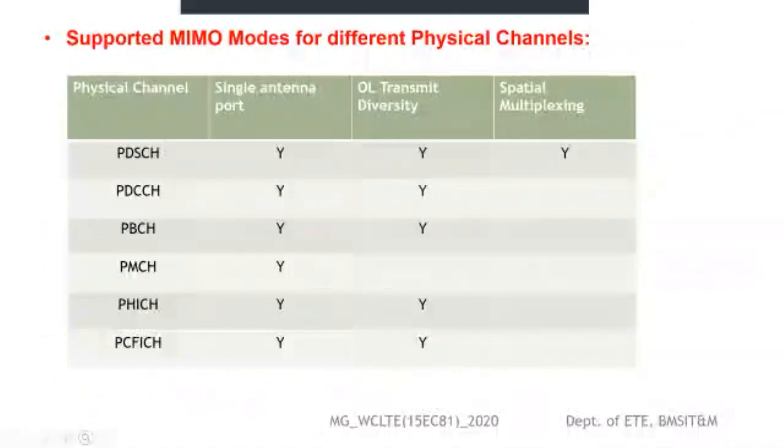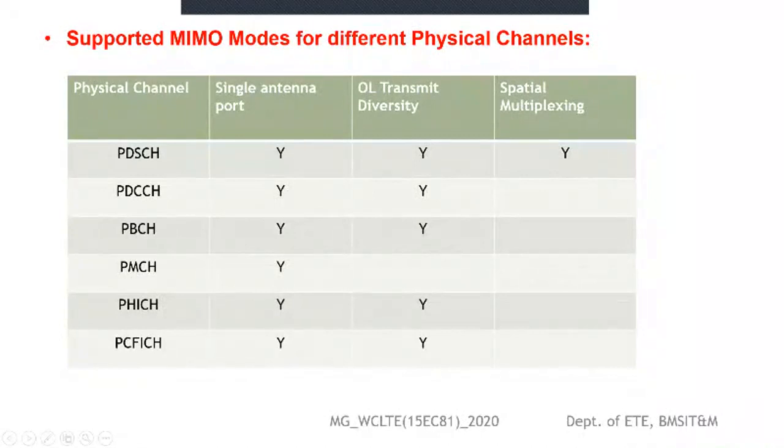The physical downlink shared channel supports all three types. The physical downlink control channel supports single antenna port and open loop transmit diversity. The PMCH, the physical multicast channel, is only for single antenna port.